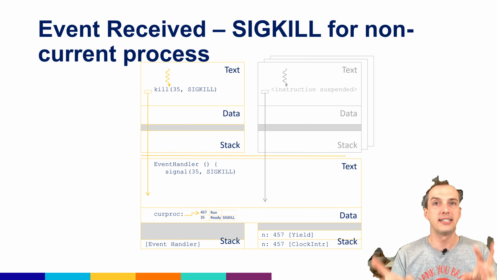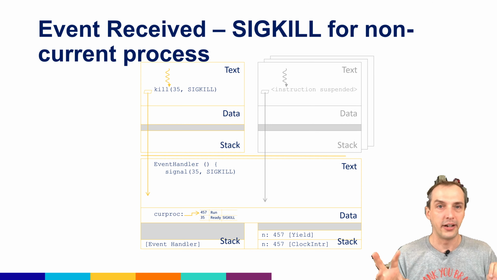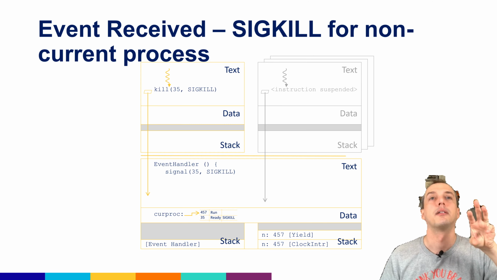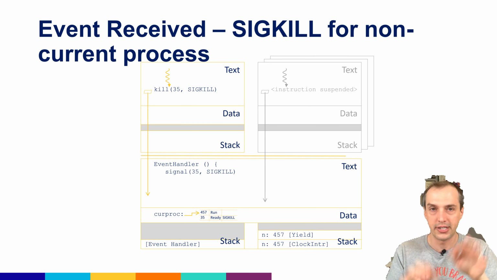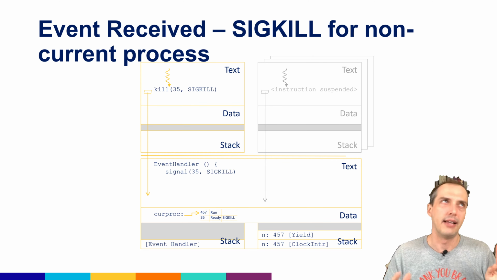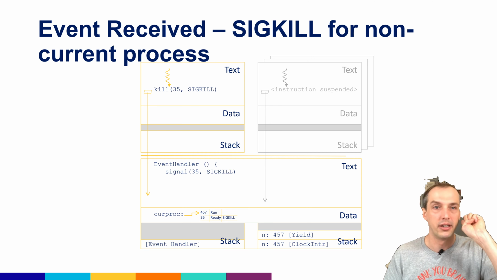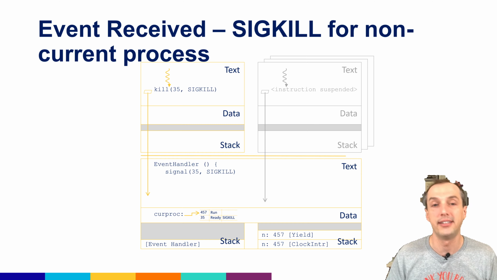So we can take a look at this example here. We've got one process on one side, we've got another process on another side. Say the process on the left is the actual kill command that you have from the command line on bash. You can just type kill and then a dash and a number or something along those lines. But in this case, we're trying to send the SIGKILL signal to process 35.